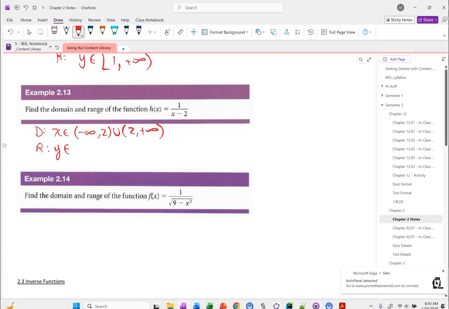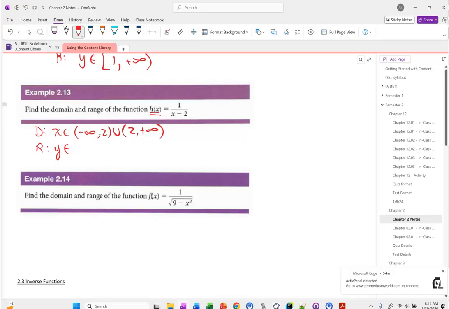How many y's do you think are going to be missing from our range? Probably just 1. It's usually how that works, especially with rational functions. What y value, if we plugged it in for h of x, won't we be able to solve for?